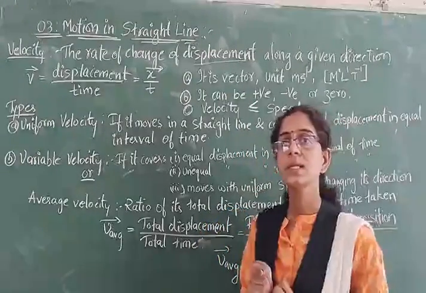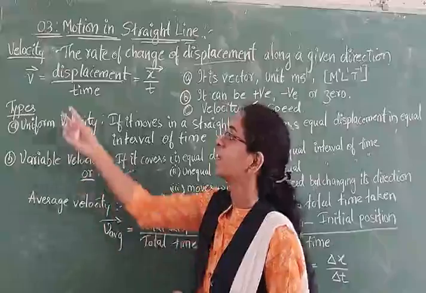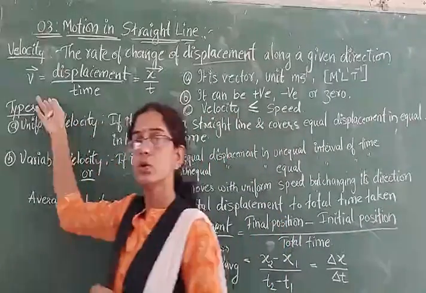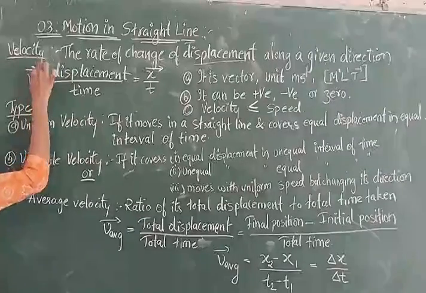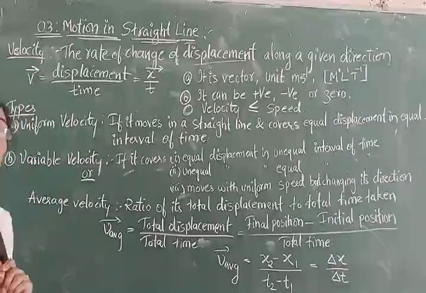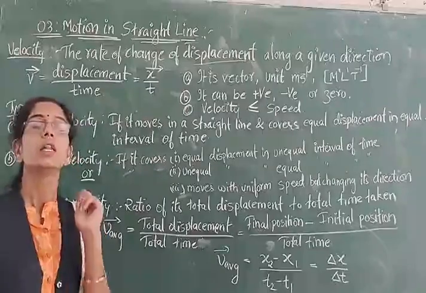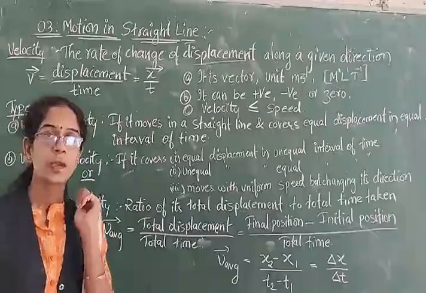When I represent the term velocity by variable v, I have written one new notation here. Above v, I have written one arrow mark. This arrow mark indicates that velocity is a vector quantity.